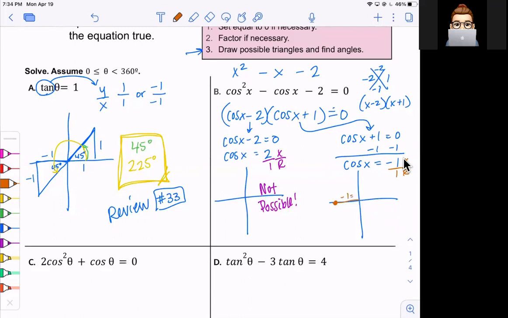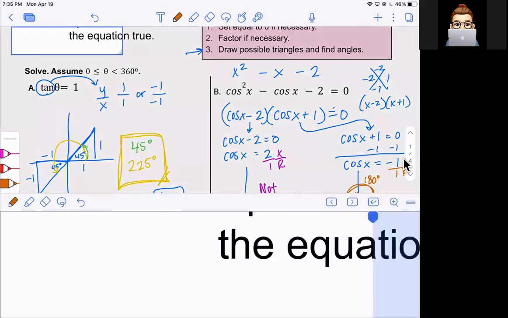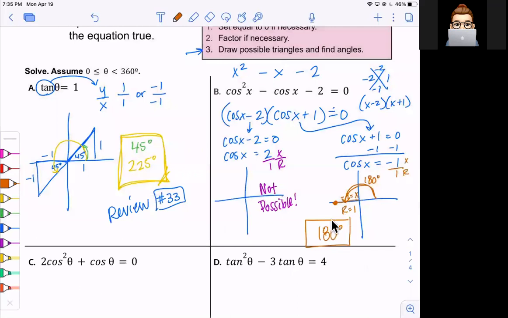So -1 is our x, r is our positive 1. And that angle, if we're talking about this here, is 180 degrees. All right, so our only possible answer here is 180 degrees.